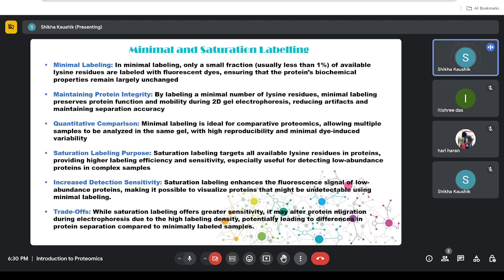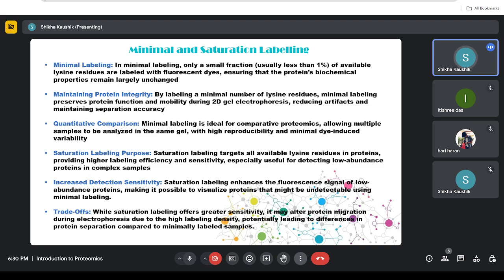Because if you imagine protein structures, a protein is a polymer of amino acids. If dyes bind to particular amino acids, what will happen? It will change its mobility.